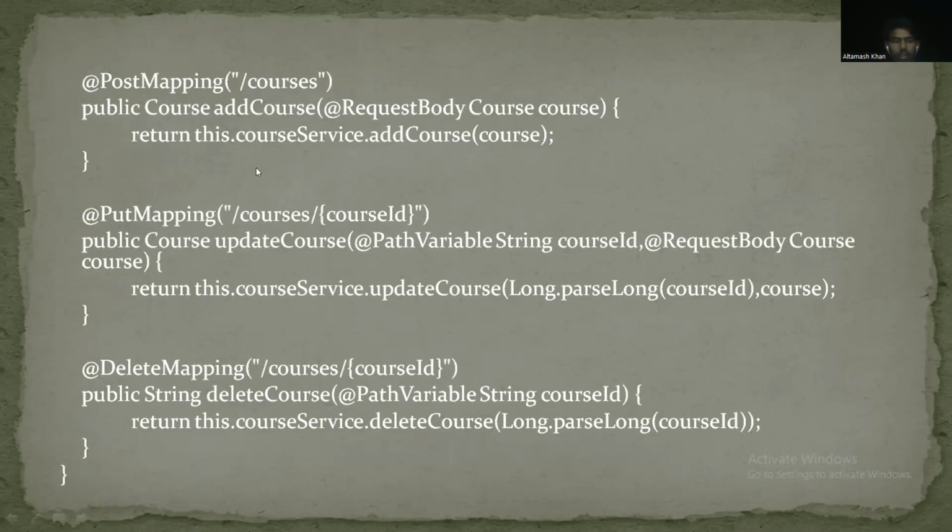We will see it on the next page. And this is the PUT mapping. Here we can see that there are different methods I have used which are implemented in course service. So let's go to the next part.